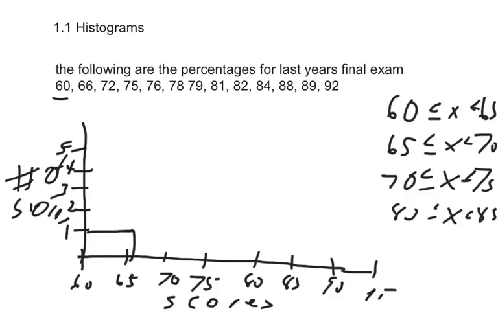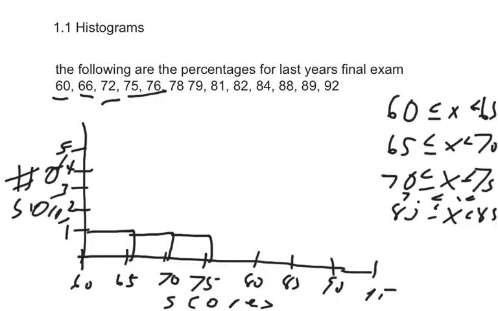In between 65 and 70 there is 1. In between 70 and 75 there's still just 1, because 75 goes into this group that I skipped over here, the 75, and x is less than 80.